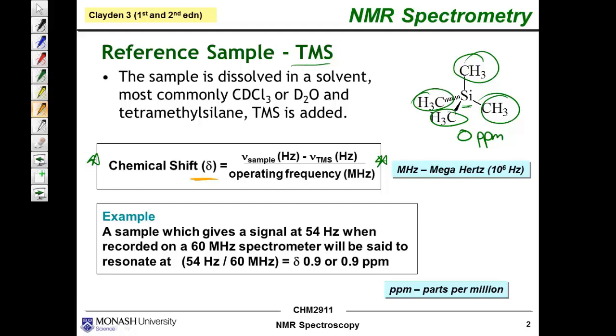If we're thinking about a compound that gives a signal, and we'll say just for simplicity that it is a singlet at 54 Hertz, and it's recorded on a spectrometer that has an operating frequency of 60 megahertz, then this singlet will resonate at 0.9 parts per million, or a chemical shift of 0.9.